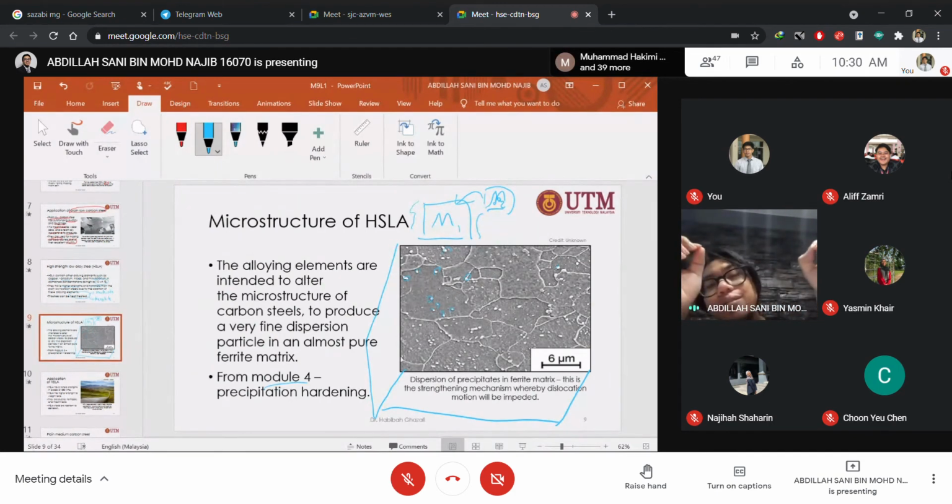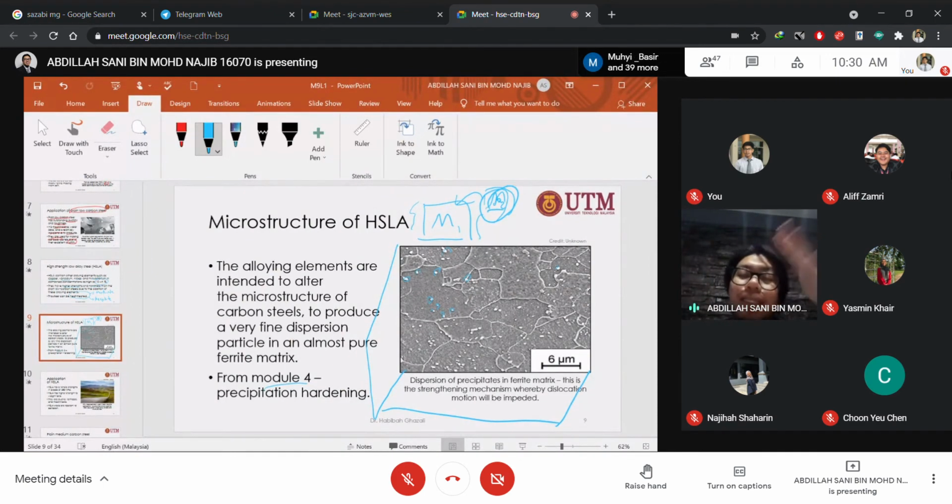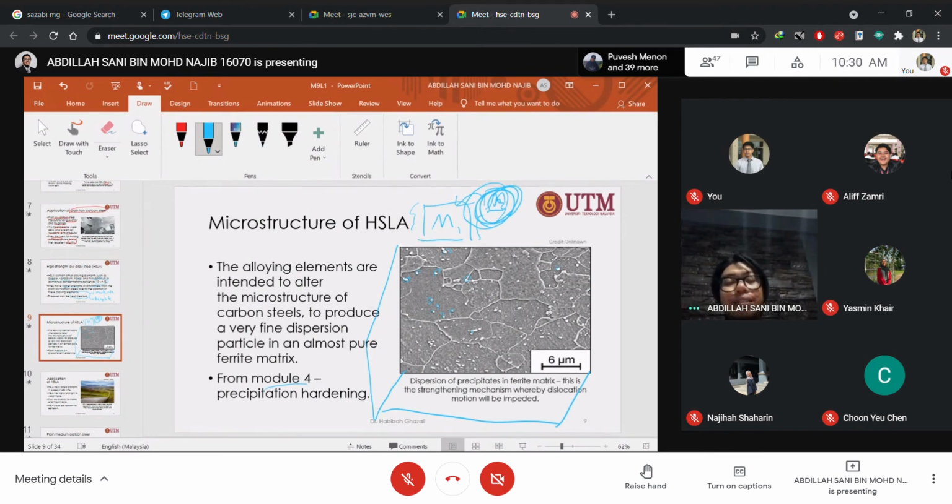Another phase. So for precipitation hardening, we just add not much of this metal 2. So it will form a small particle. We don't want a very big one. We don't want it to compete with the matrix itself.